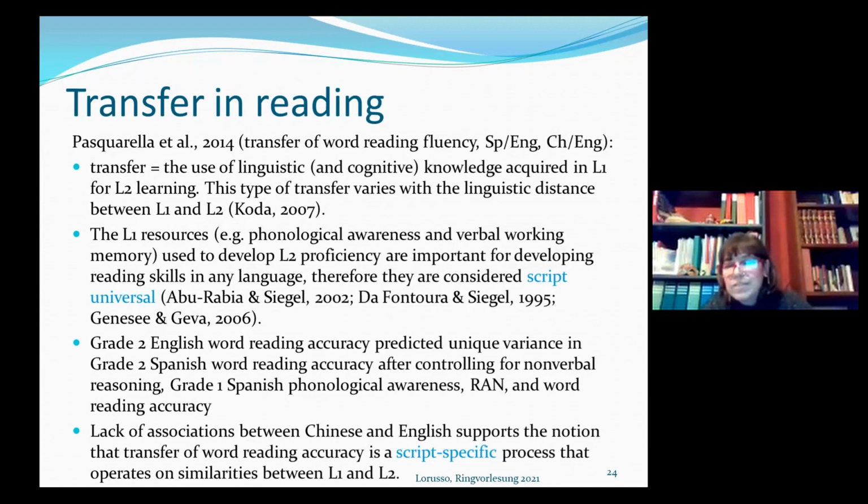As we saw for language disorders, also for learning to read in two languages, they identify two types of processes that put the two languages into a relationship.